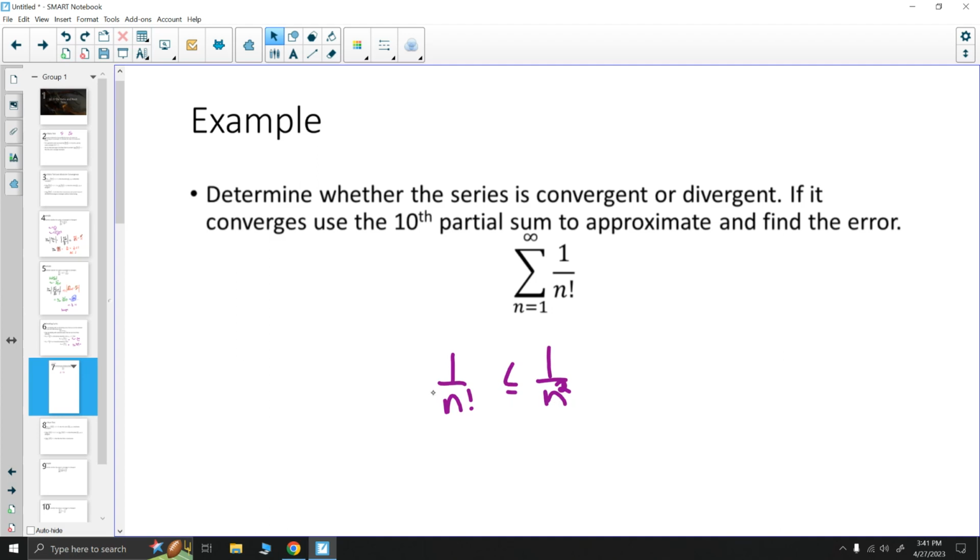That's okay, it's equal to it. But when we go to the second term, 1 over 2 factorial is 1/2, and 1 over 2 squared is 1/4. So 1/2 is definitely not less than or equal to 1 over n squared. So this isn't really going to work for us using direct comparison.